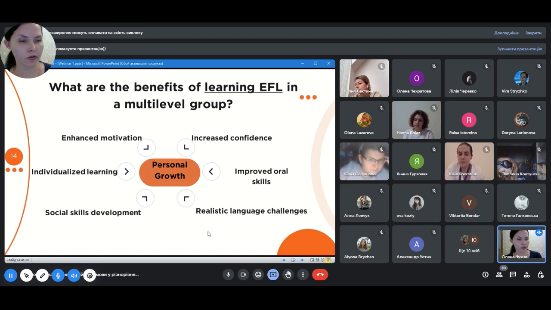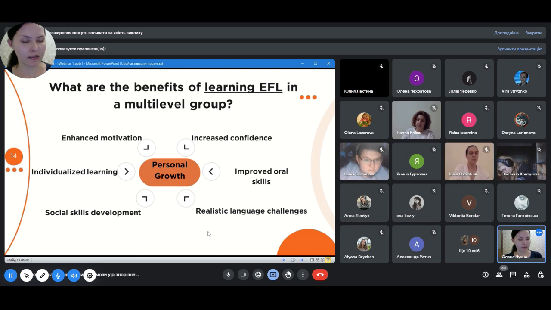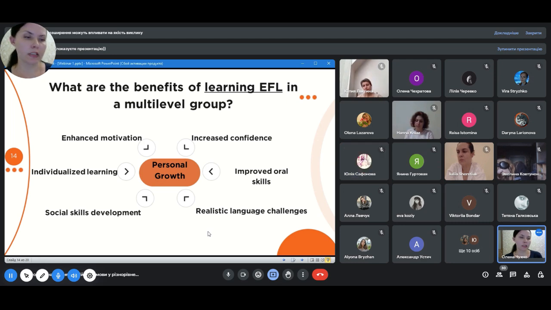They develop their social skills because they need to be tolerant in such groups, in such classes. One more benefit is individualized learning or personalized learning. So the teacher uses individual activities for those students who struggle or for gifted learners. That is individualized learning.